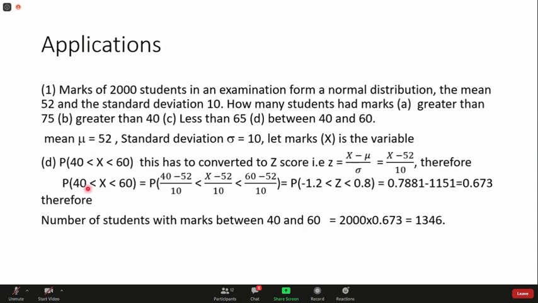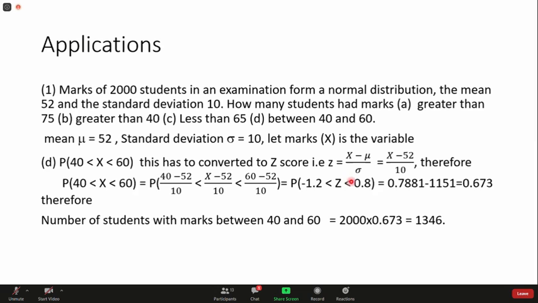And then finally he asks, how many students get marks between 40 and 60? To get this particular range, we have 40 less than x less than 60. Convert to Z: 40 minus 52 by 10, the middle part is of course Z, 60 minus 52 by 10. Z is minus 1.2 to 0.8. What is the calculation here?